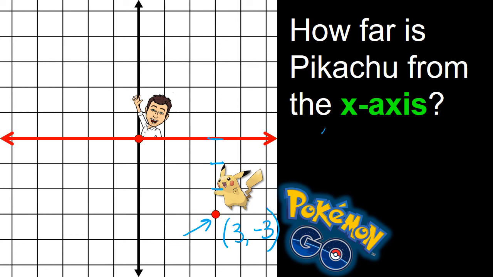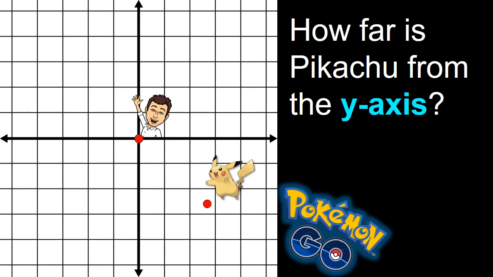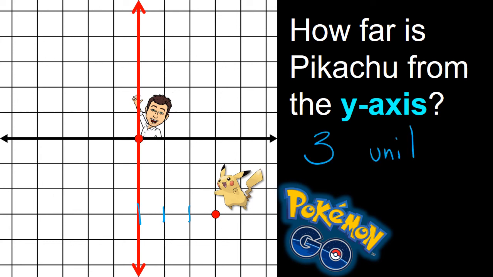So Pikachu is located 3 units away from the x-axis. But how far is Pikachu away from the y-axis? The y-axis is the axis going up and down. Let's figure it out. He is 1, 2, 3 units away from the y-axis.